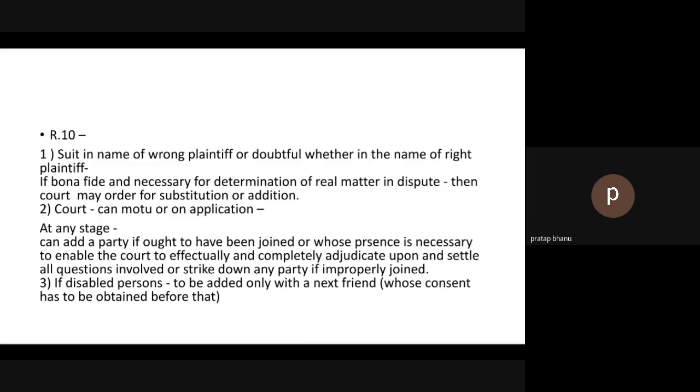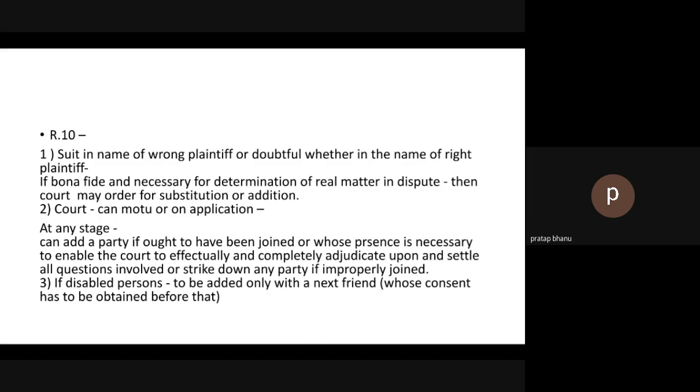If it is made out that a party which is necessary to be added, or which ought to have been added or joined, and whose presence is necessary to enable the court to effectually and completely adjudicate upon and settle all questions involved, then the court can go ahead and add a party. And similarly, it can strike down a party if that party is improperly joined.